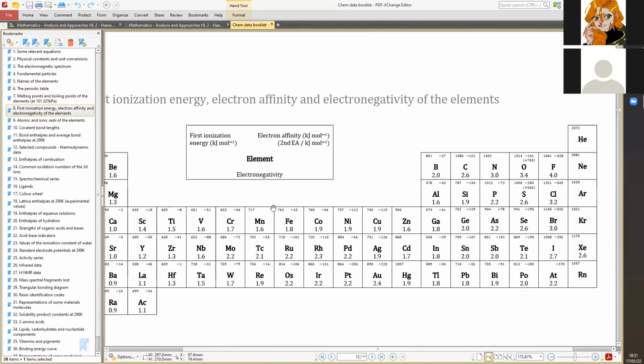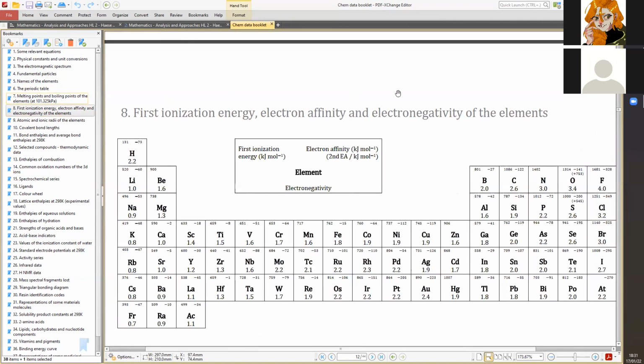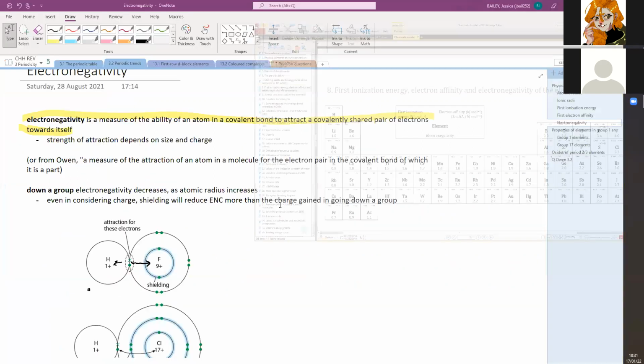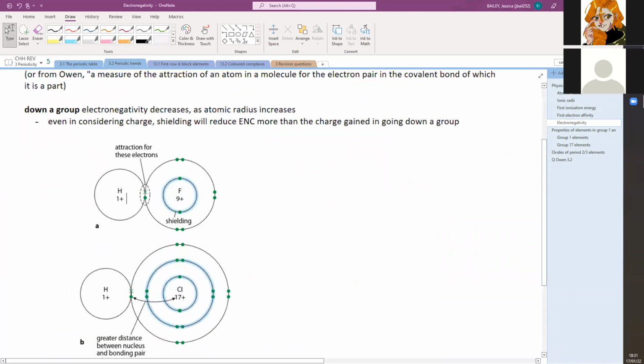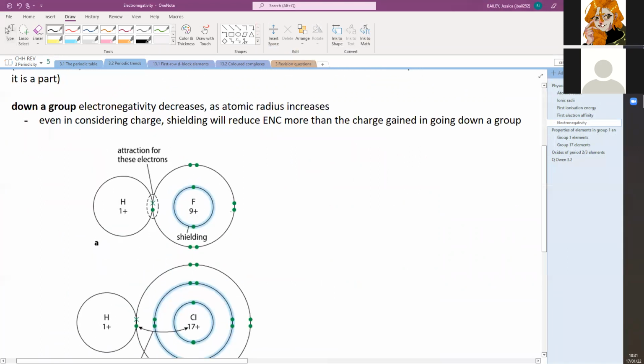So it's a relative scale as to how strong the attraction is for an atom to attract an electron pair towards itself. And so if we look back at the diagram here, this is considering trends. So as you go down a group, your electronegativity decreases. And so that means your ability to attract that electron pair is less than the other atom that's in that bond. And the reason for that is because your atomic radius is increasing. So again, remember, always link back to electrostatic attraction.